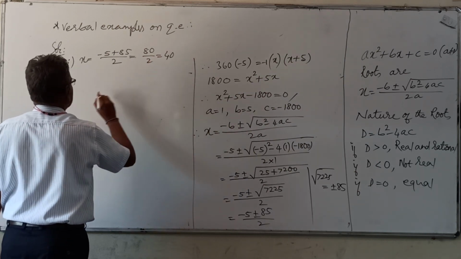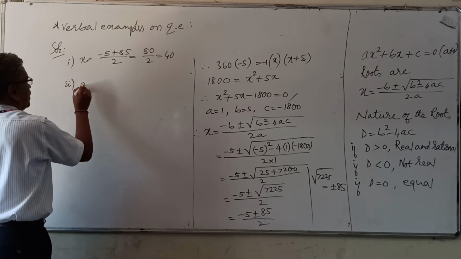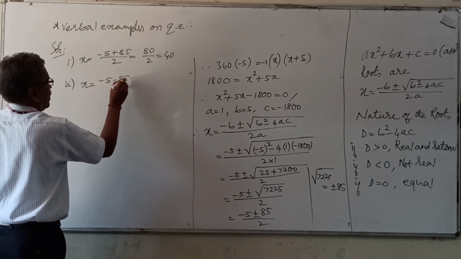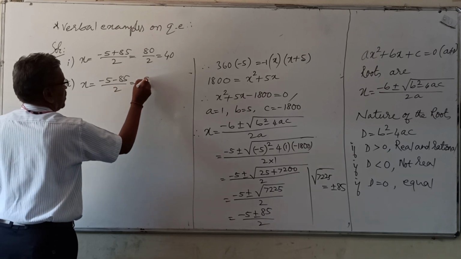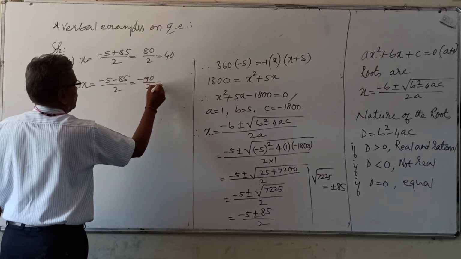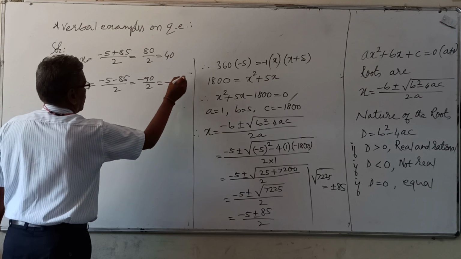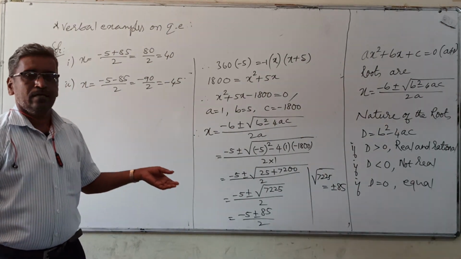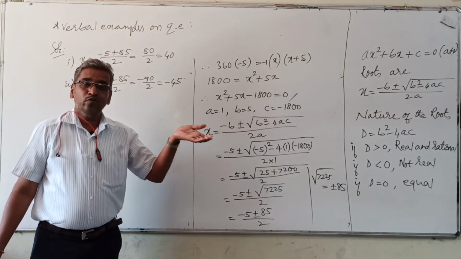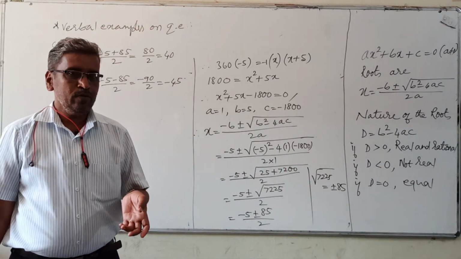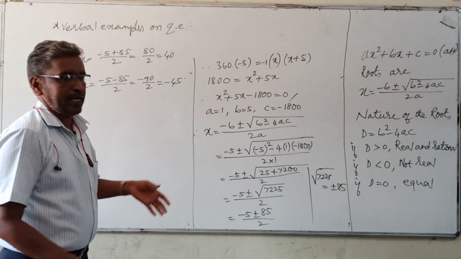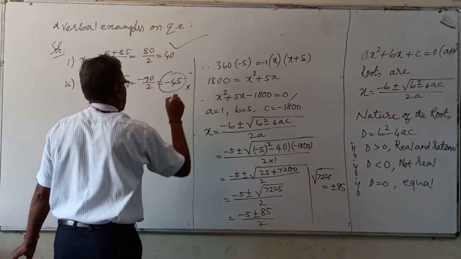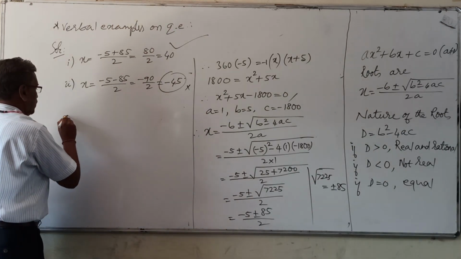Second, x equal to minus 5 minus 85 divided by 2 equal to minus 90 upon 2 is equal to minus 45. So, what is our x? x is the uniform speed of the train. So, it must be positive, not negative. So, this is our answer. This is not an answer because it is negative.